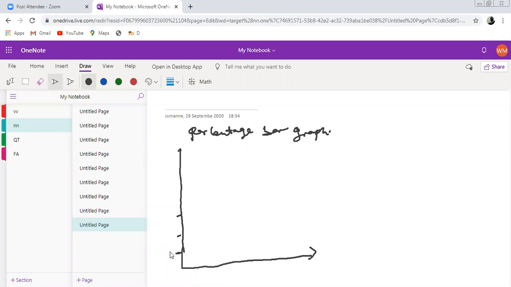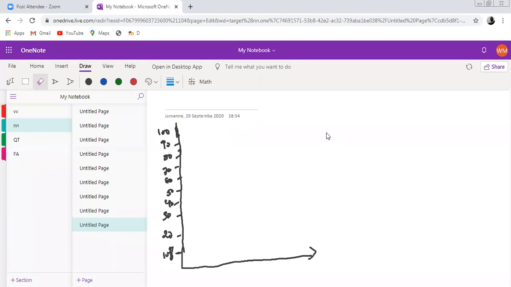Make sure all the bars are up to 100%. So all the bars are going to have a height of 100%. Like that.